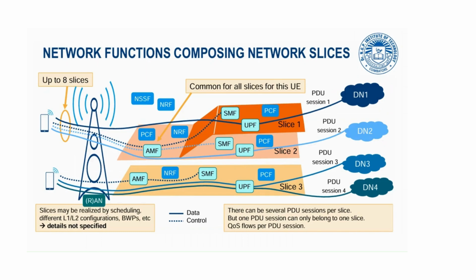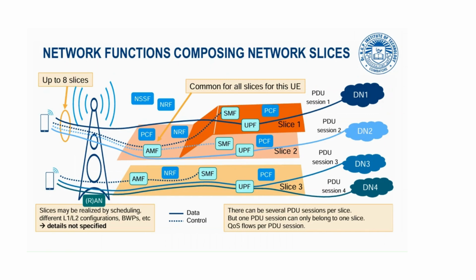The slices run over the same physical infrastructure but are functionally isolated from each other. Each slice utilizes its own set of core network functions, like the access and mobility management function, session management function, user plane function, and policy control function.